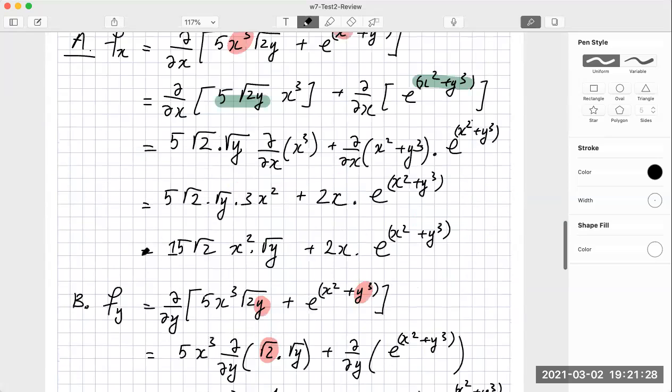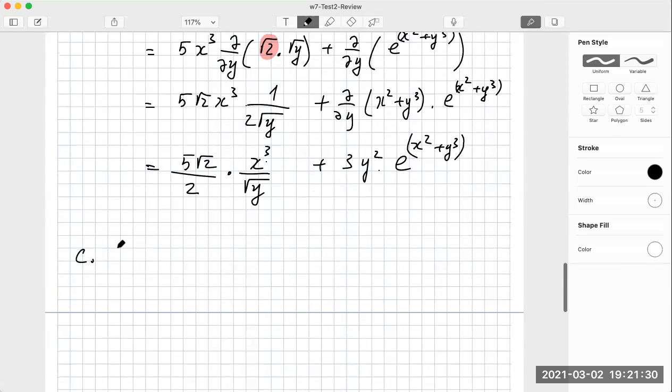fxy, okay? See, fxy means we take the derivative with respect to x first, and then take the derivative with respect to y.